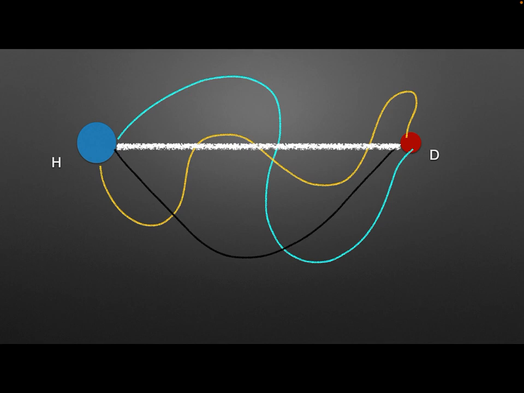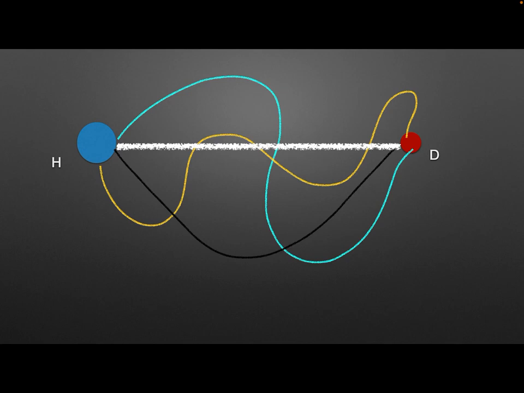Suppose, here you have to be very careful. You are trying to move from H to D. You all have chosen other paths, but I have chosen this white path, and this path has a different significance because you can note that this is the shortest path.